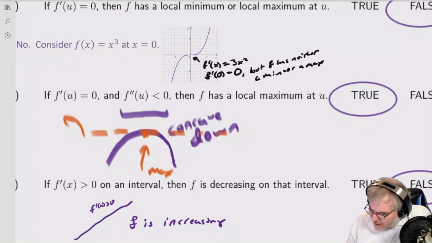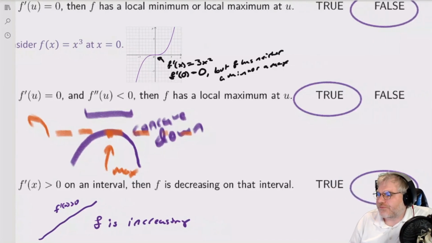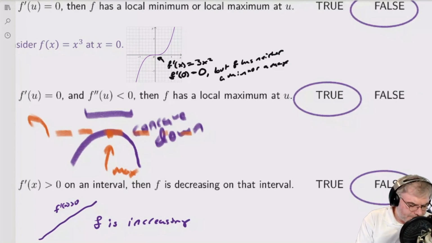So I can determine this if my second derivative is negative. If my function's concave down and I have f prime of x equaling 0 here, I actually do get a local max. So that one's true. But I need more than just f prime of x equaling 0.